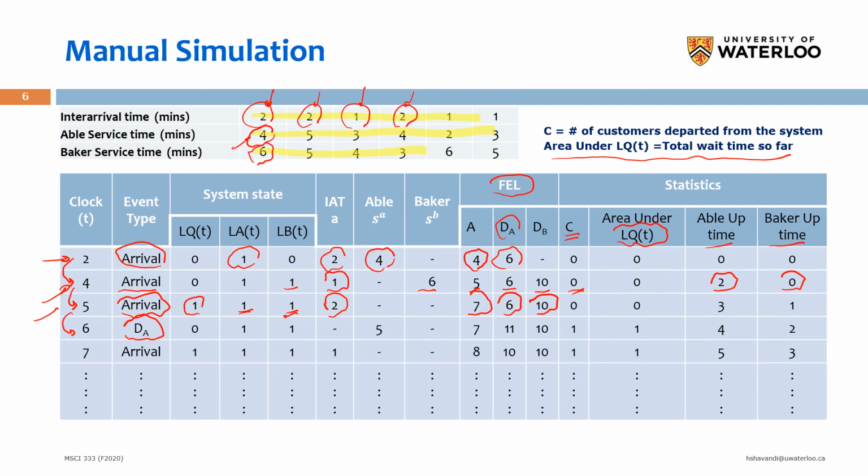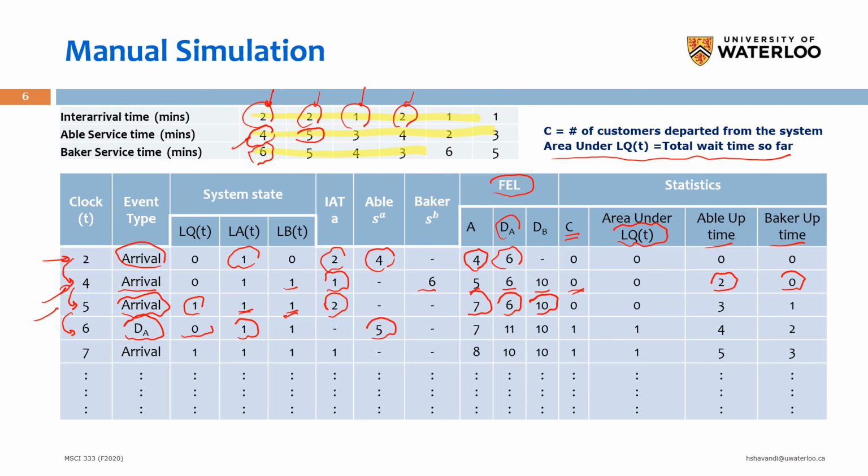So if there's at least one customer waiting in the line, and since that is the case here, we reduce the number of customers in line by 1, so it becomes 0, and Able remains busy serving this customer. And since it's an activity, we need to generate a service time for this one. It will be 5, right?